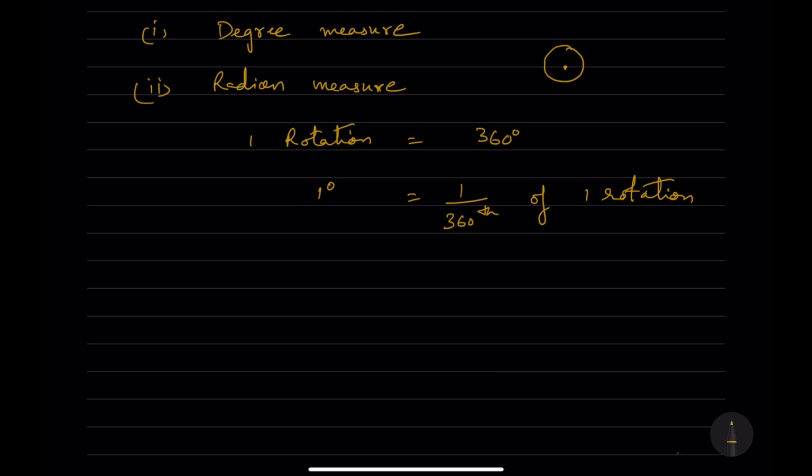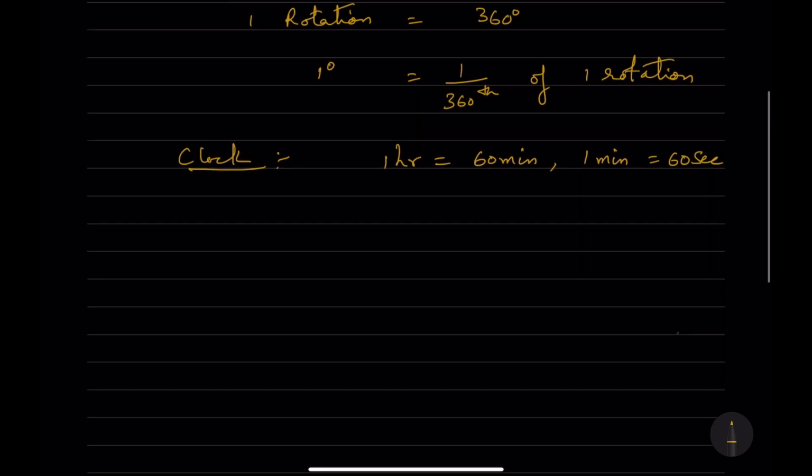Now when you take a clock, you know that 1 hour is equal to 60 minutes, and 1 minute is equal to 60 seconds. So here 1 degree is equal to 60 minutes.